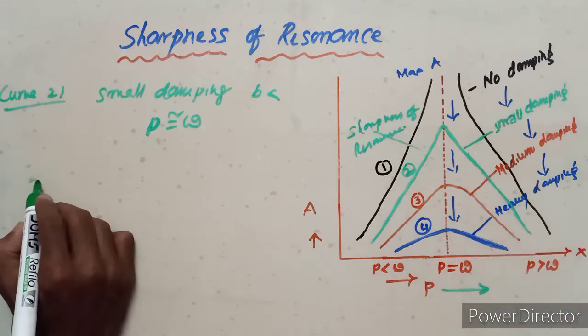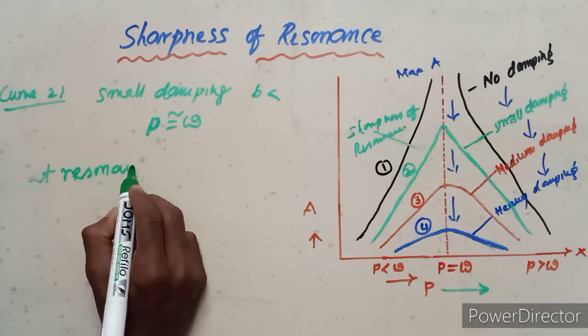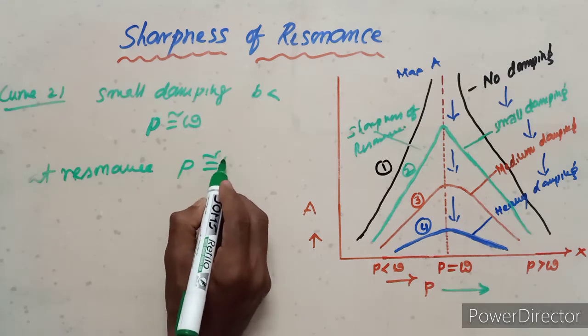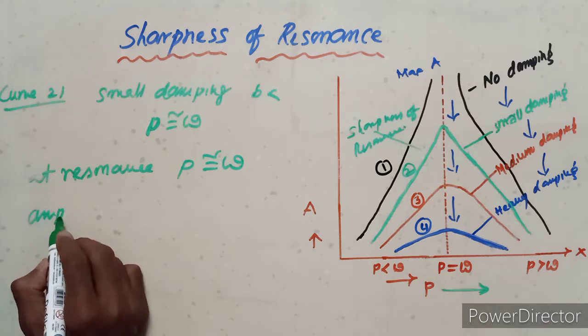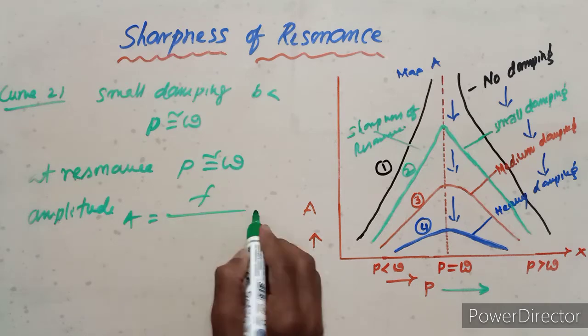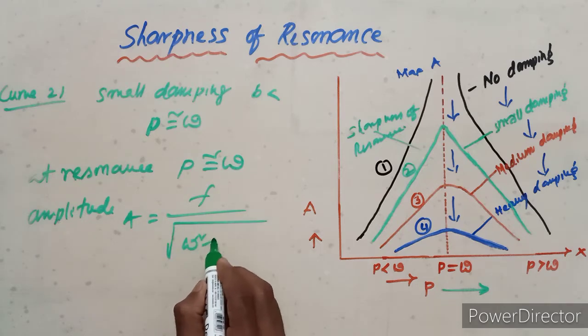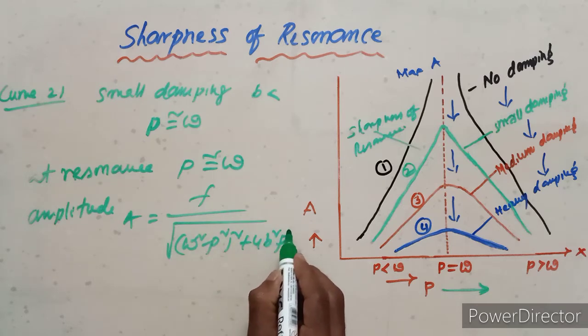So at resonance P is approximately equal to omega. Amplitude A equals F upon the square root of omega square minus P square, whole square, plus 4 b square P square.